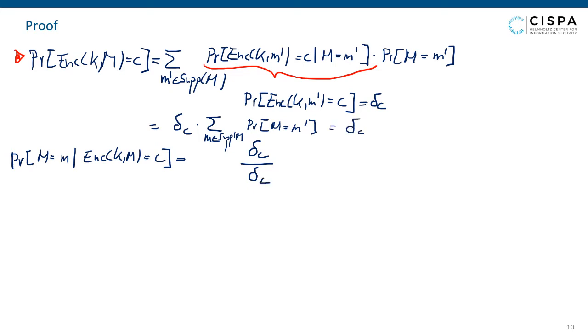So the denominator also becomes delta c. Here you just note that these events M equals m prime cover the entire sample space. Okay, let's go back down here. This was delta c divided by delta c times the probability M equals m, and that's just the probability M equals m. All right, so what we've shown is that definition 2 implies definition 1.